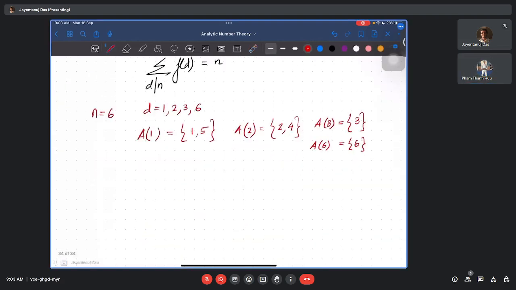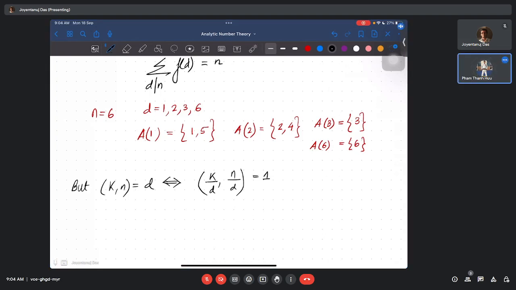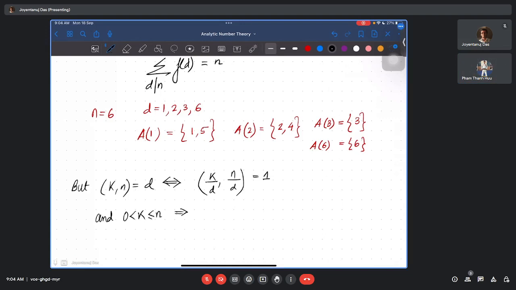Next, suppose k and n have GCD d. This is if and only if, dividing by d, their GCD is 1, right? And k is less than or equal to n if and only if k divided by d is less than or equal to n divided by d.